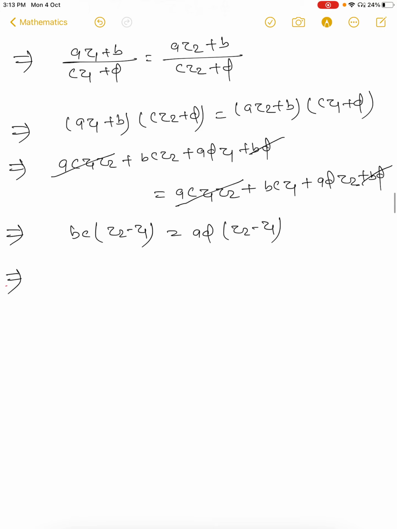So this factor cancels out and bc equals ad.